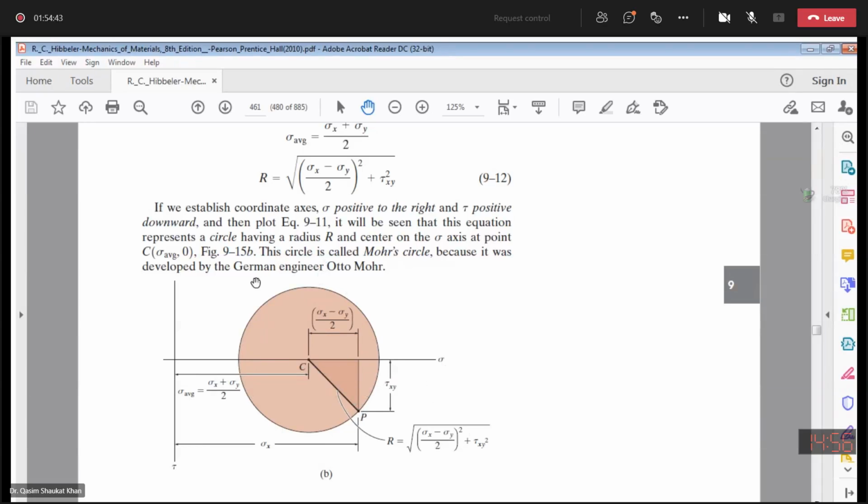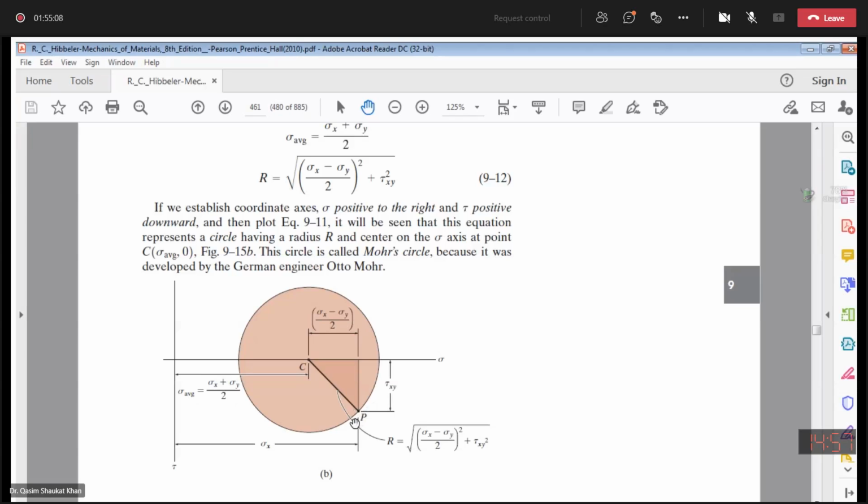So you have the center point, you have the radius, you have drawn the Mohr circle. Now see what you can find from the Mohr circle. First, let me explain this C. This is your average normal stress, sigma x plus sigma y over 2. This is one arbitrary point they have drawn, that this is your radius and this is one arbitrary point P. It has coordinates sigma x and tau xy.